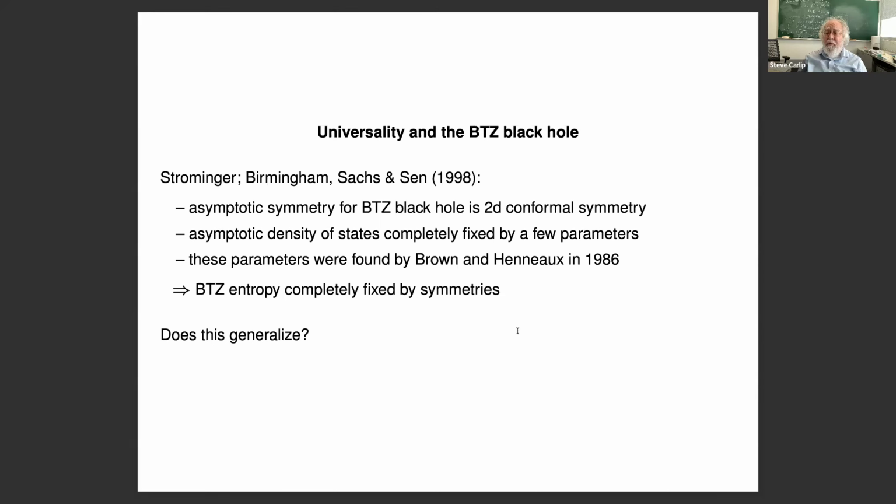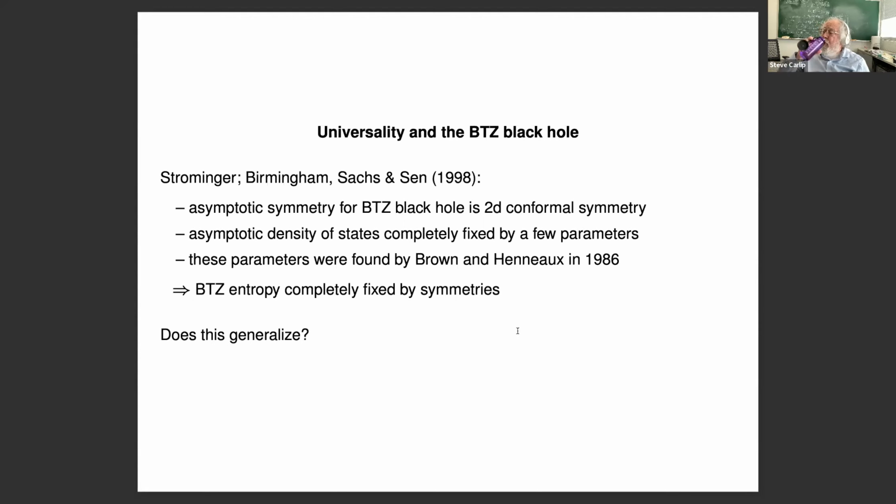So the first attempt to answer this came from work independently by Strominger and by Birmingham, Sachs, and Sen in 1998. So this is the 25th anniversary of this.